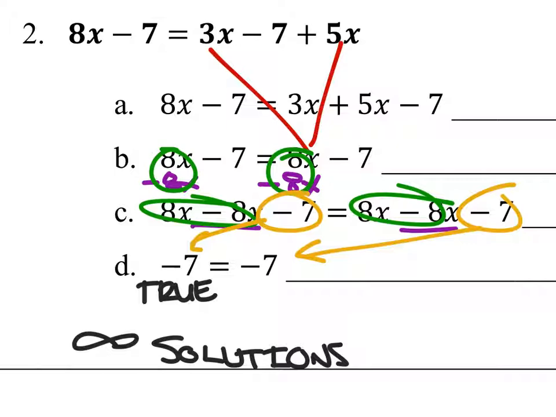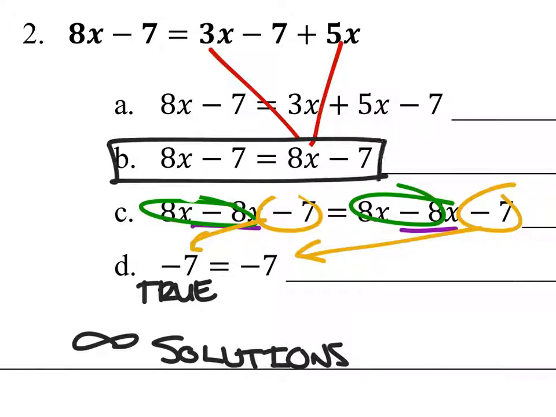Now, if we remember what we went over last time, we can come up here and look specifically at line B. We've got two sides of this equal sign. On one side, 8x minus 7, so that'd be y equals 8x minus 7.